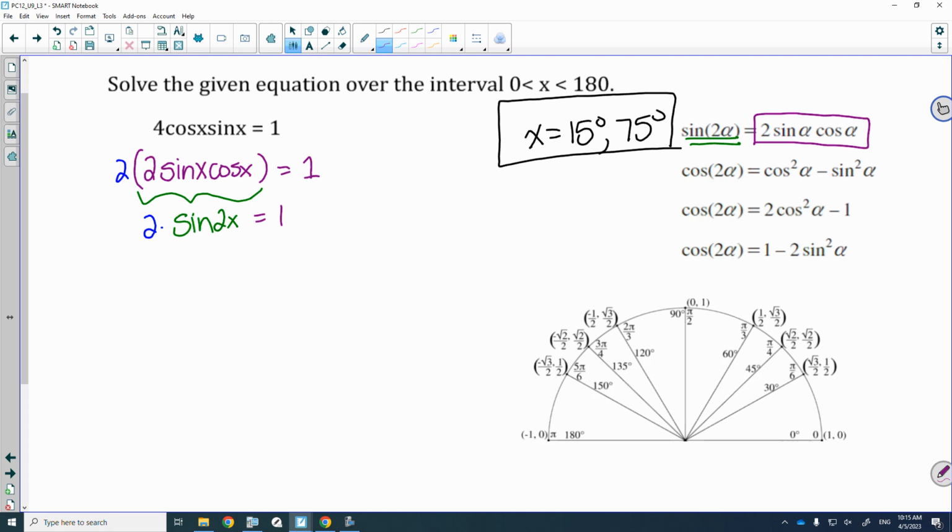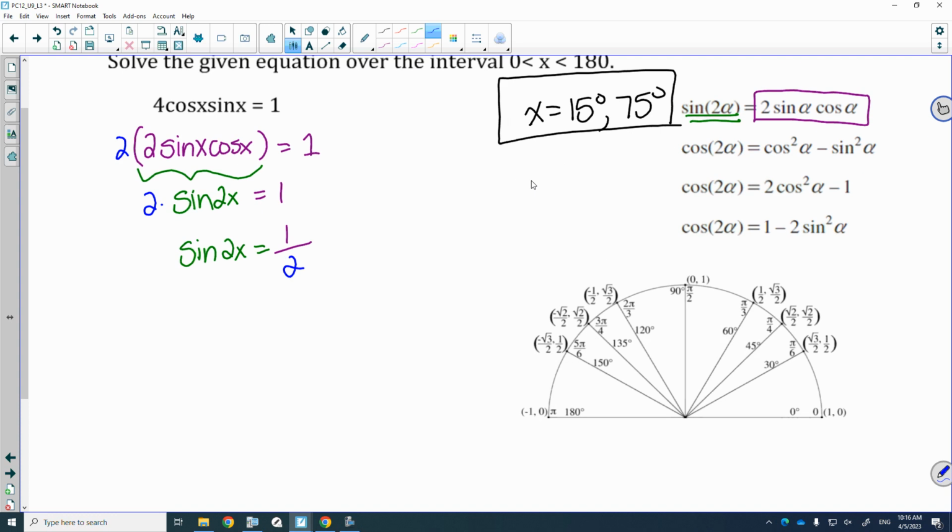Okay, let's get sine of 2x by itself. I could either type in left side, right side on my calculator and get those 2 answers, or we'll do what we just did to review how we solve that.